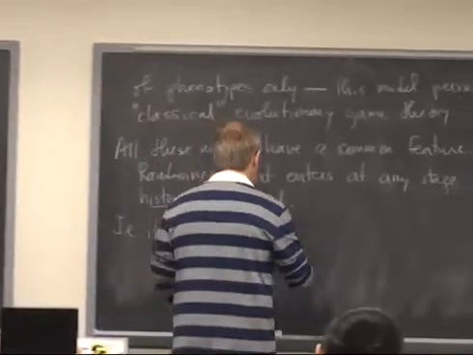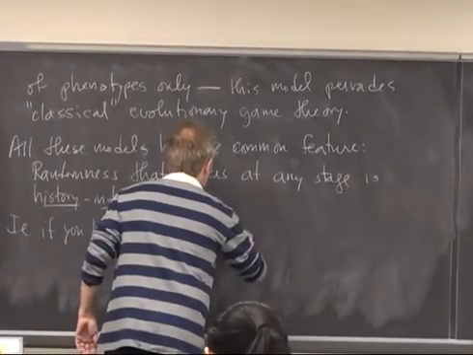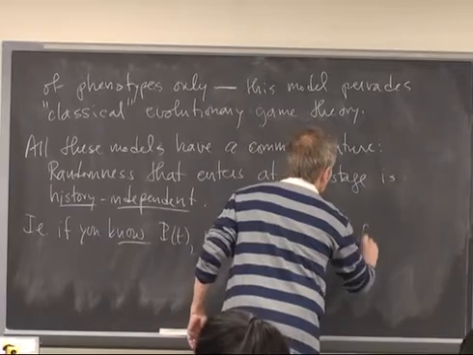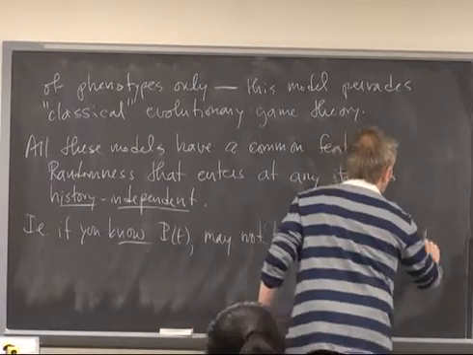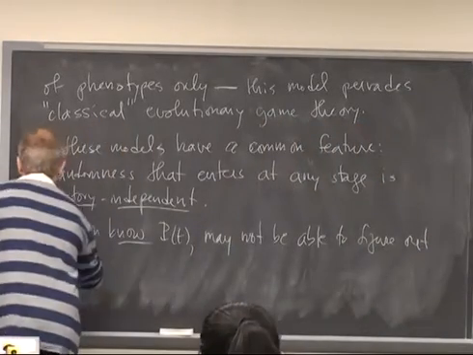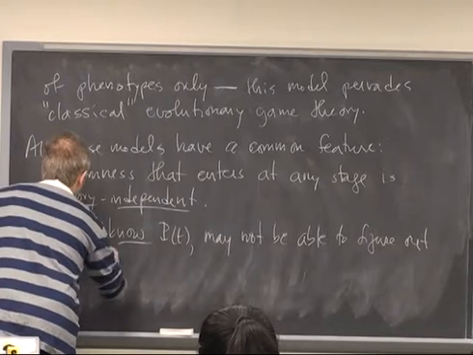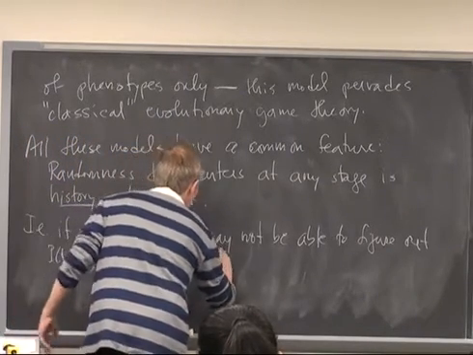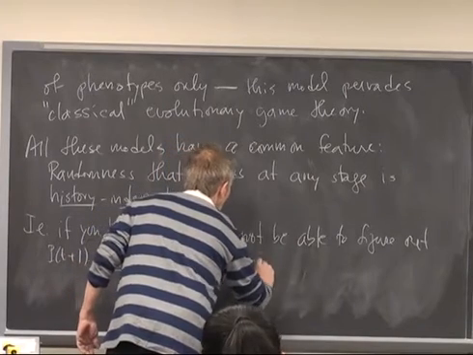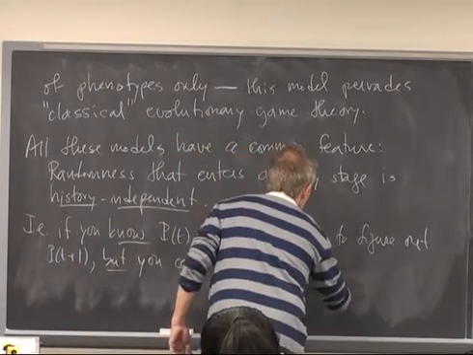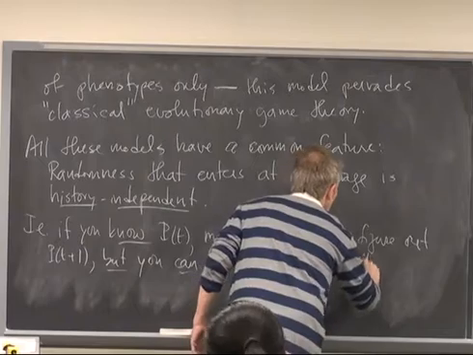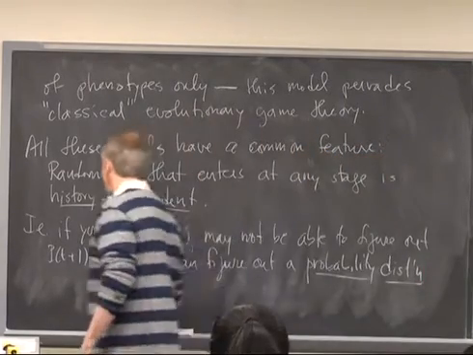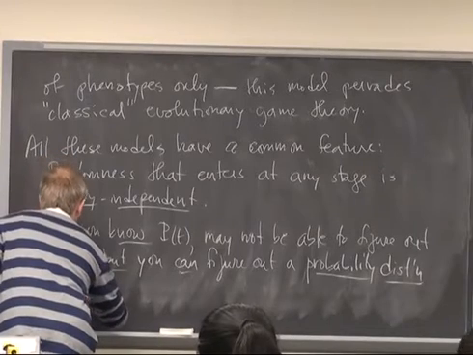So if you know P of t, you may not be able to figure out P of t plus 1, but you can, in principle at least, figure out a probability distribution over possibilities for P of t plus 1.